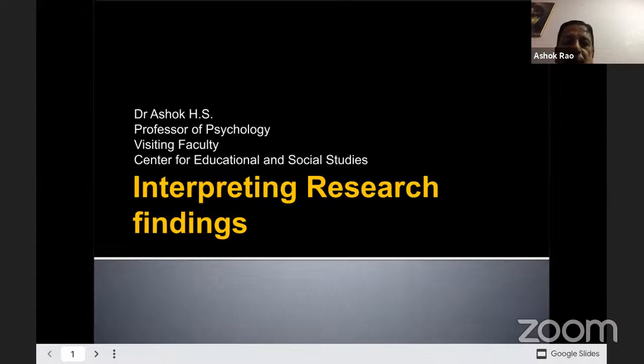Okay, so that is the reason why interpretation plays an important role. Okay, so interpretation is an art. So this is an important factor. How you put your findings in a more meaningful, attractive manner is an important component.